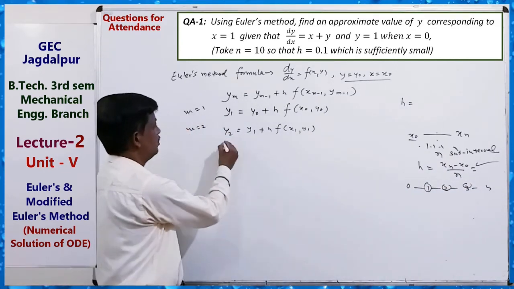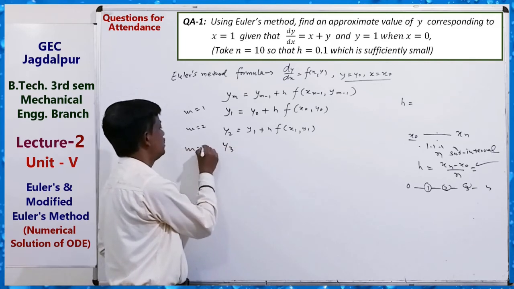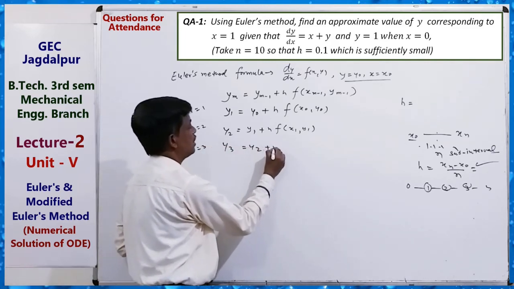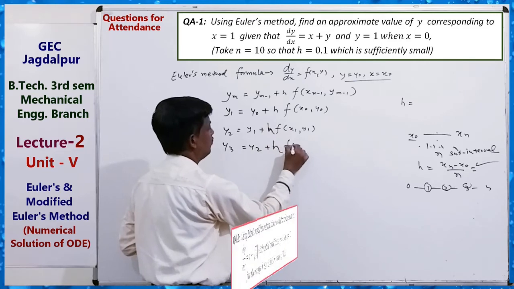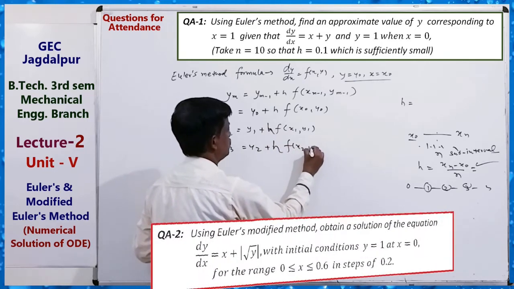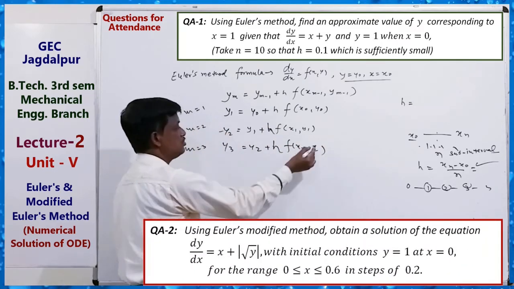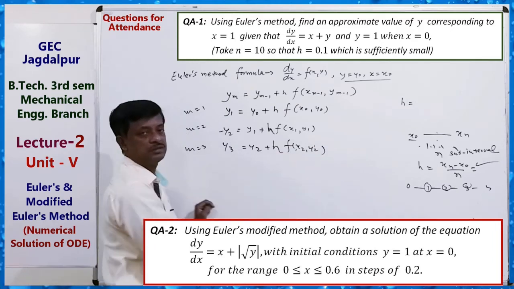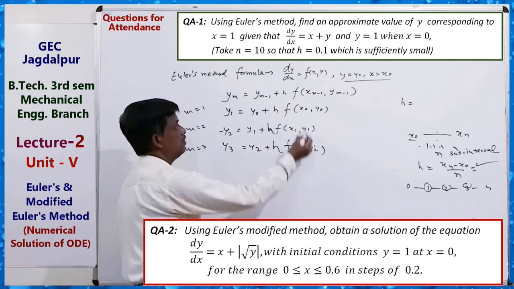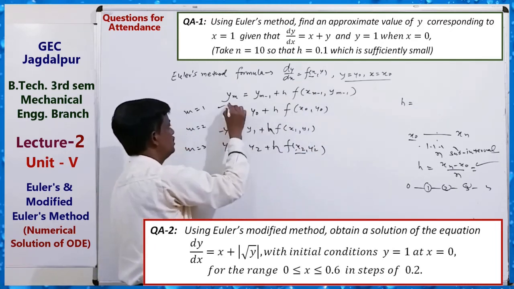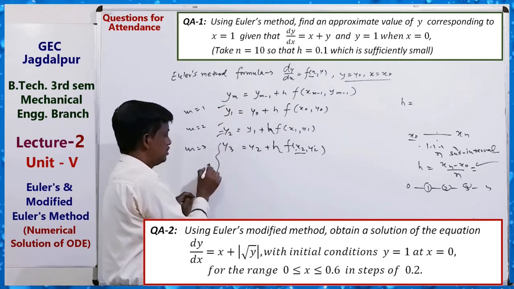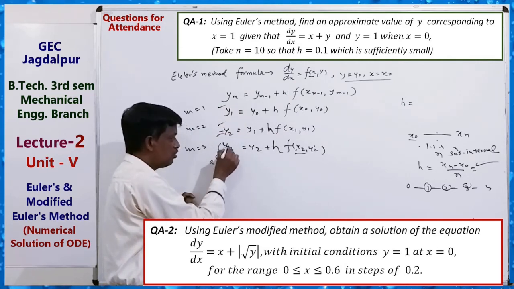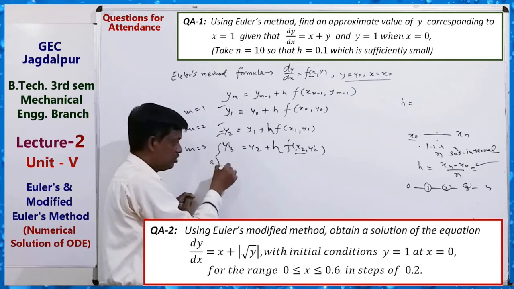So you can use this and get the value. Similarly, y3 for m equals to 3, y3 equals to y2 plus h f(x2, y2). This y2 is used here, and x2 is the second stage. So you can put it in this function and get the approximately equal value from these approximations.